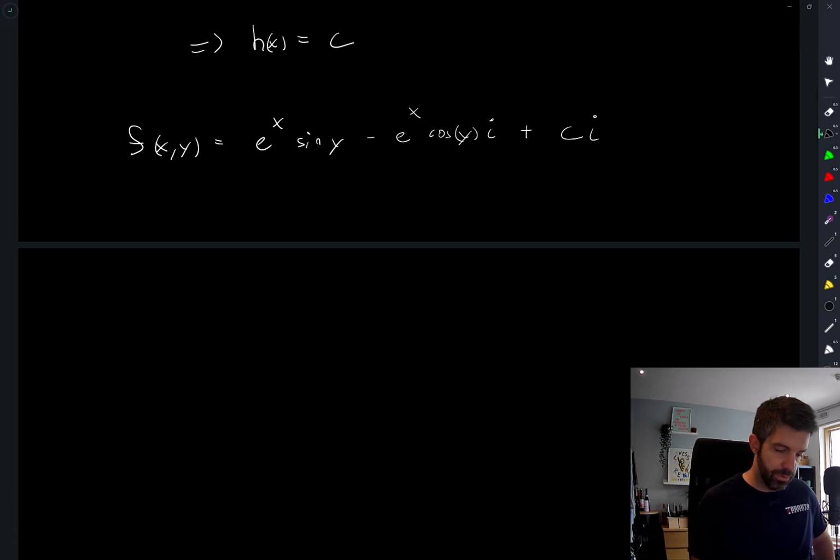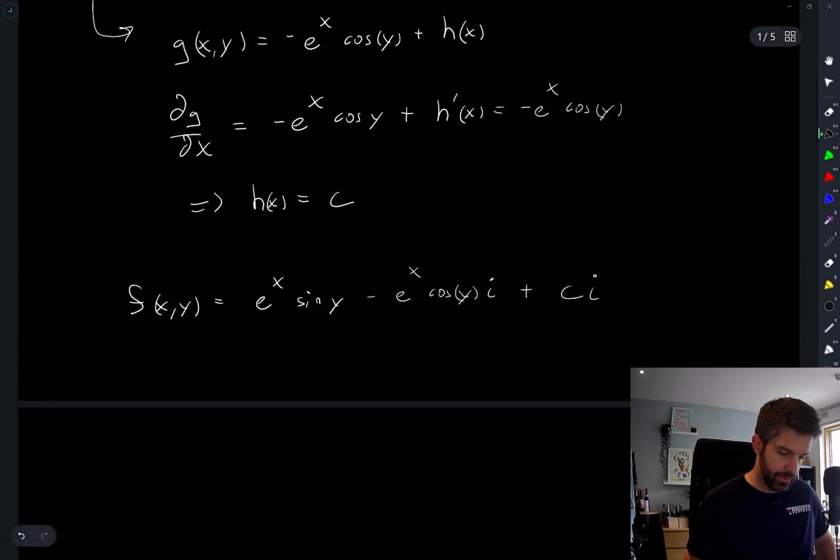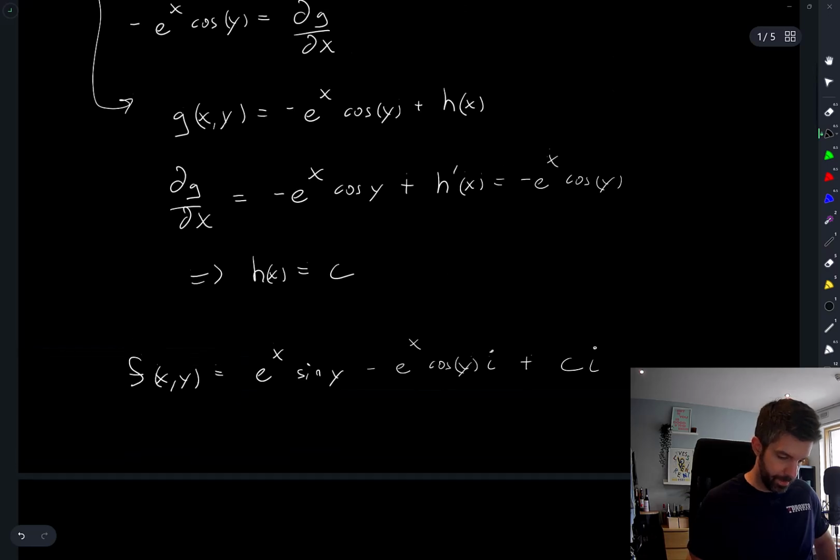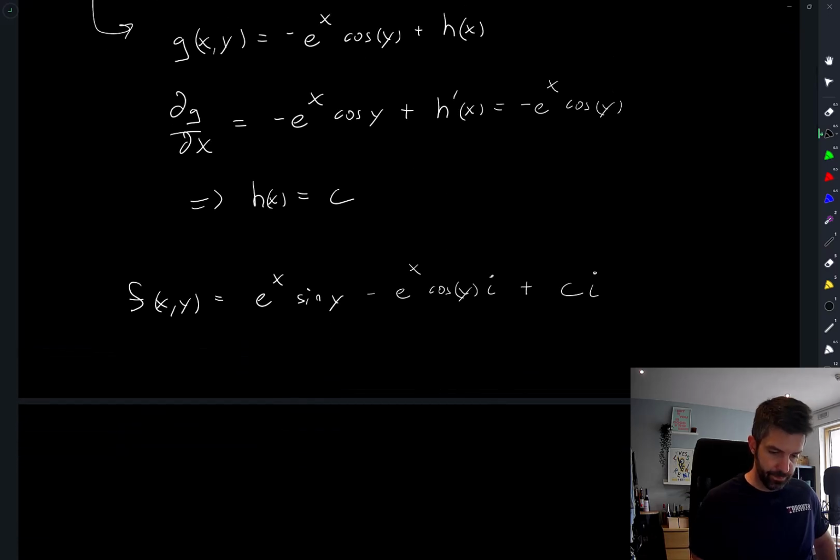Oh, we don't actually need the whole function f. We just need g. So g of x y, like I said earlier, is negative e to the x cos y plus a constant.